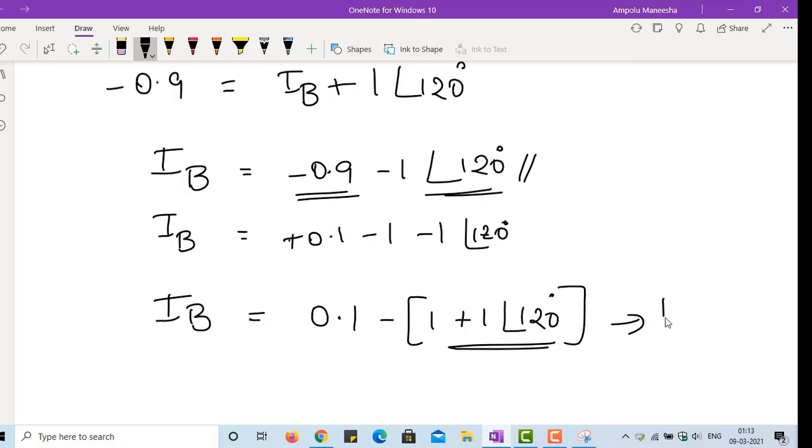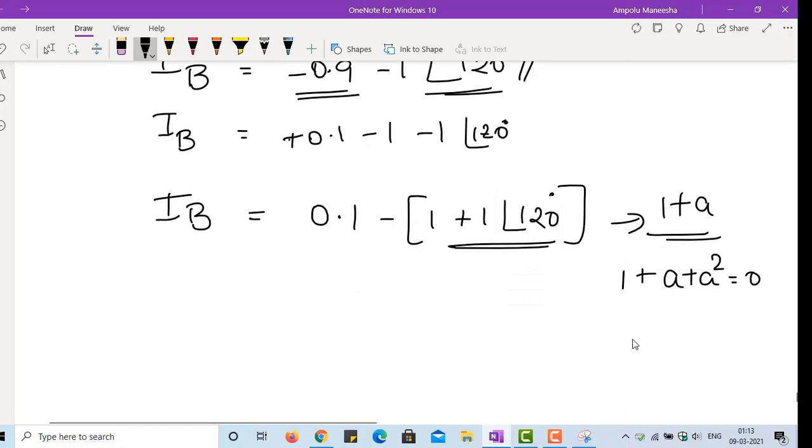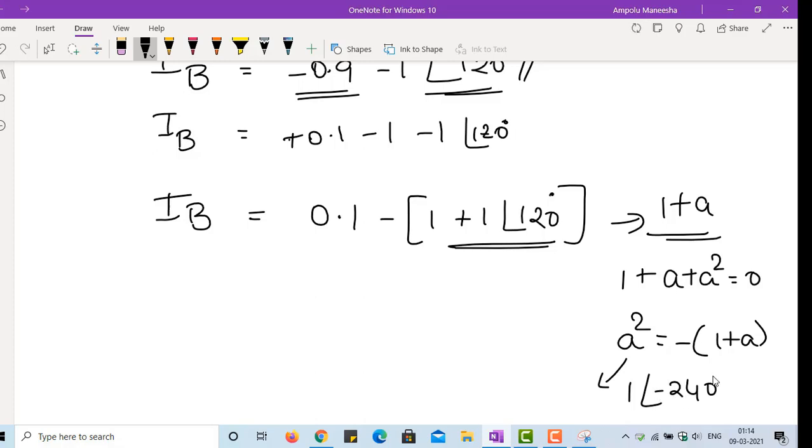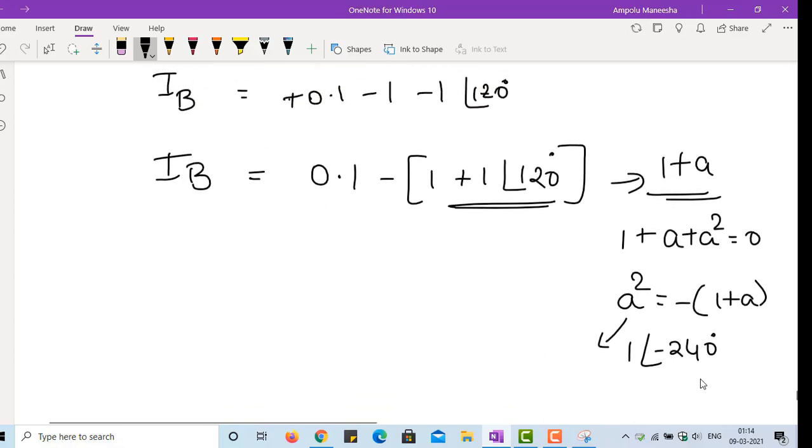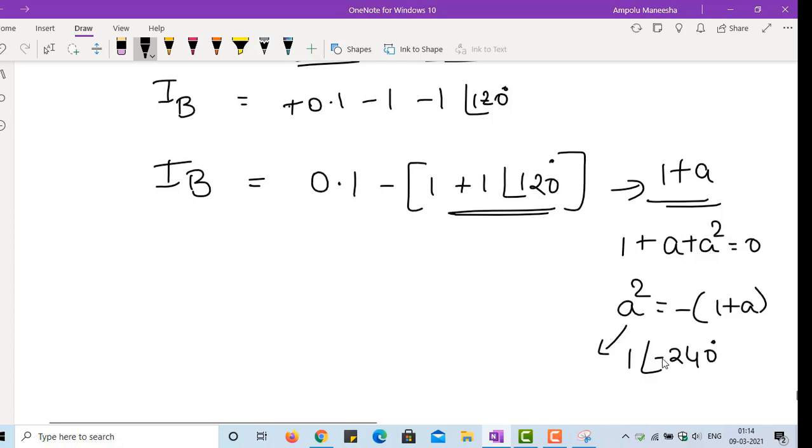It is looking like 1 plus A, right? And we know that 1 plus A plus A square is equal to 0. So, A square is equal to minus of 1 plus A. A square means 1 at an angle of 240, which is 1 at an angle of minus 120 degrees.